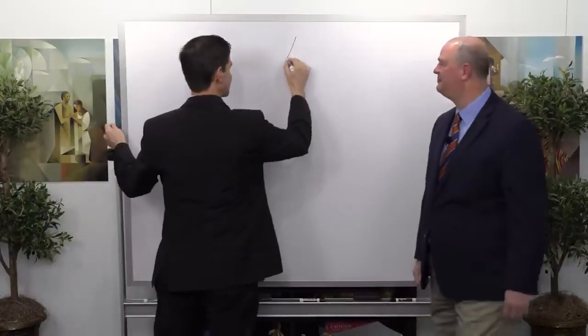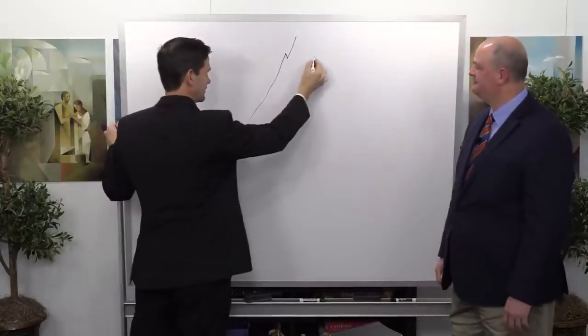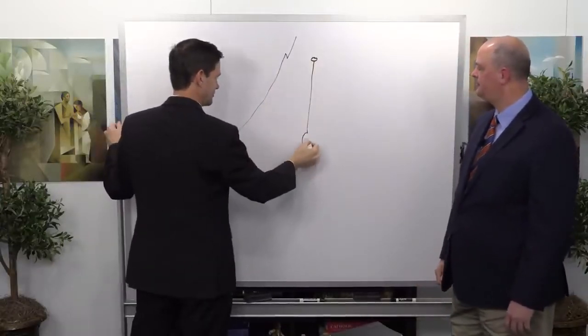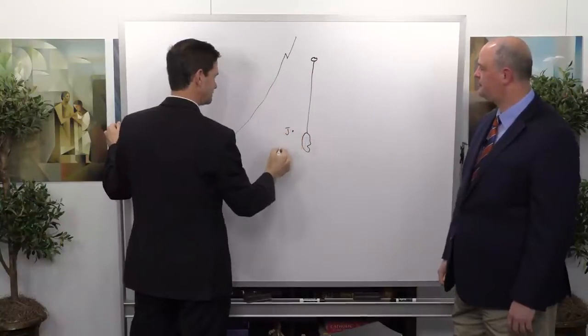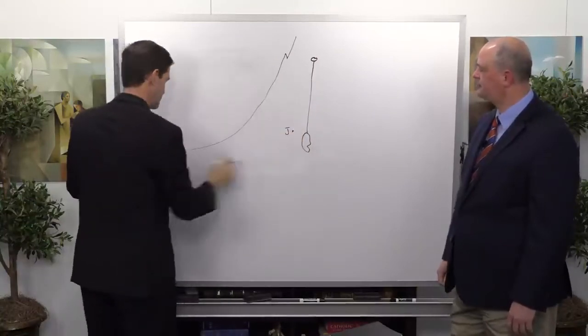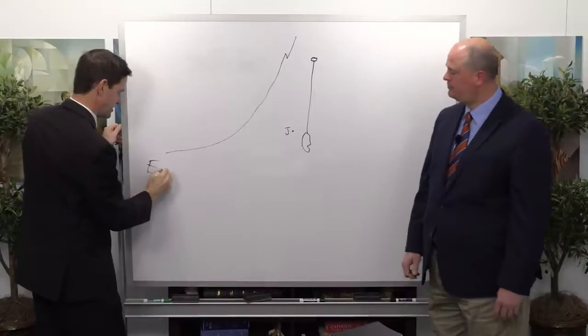He's saving us. So if you take a 30,000-foot view here, here's Jerusalem, the promised land. Over here is Egypt.